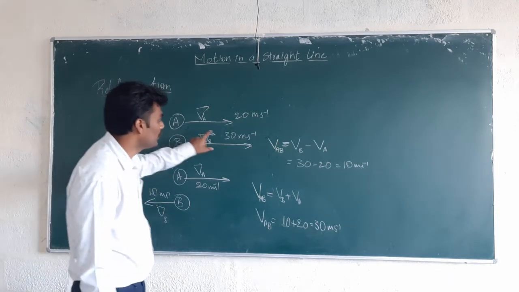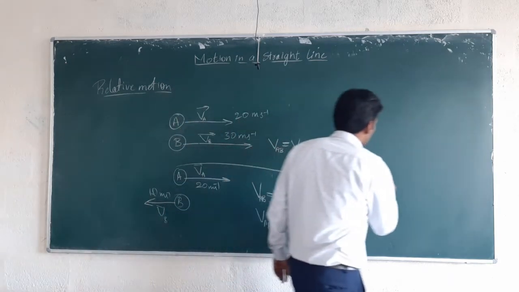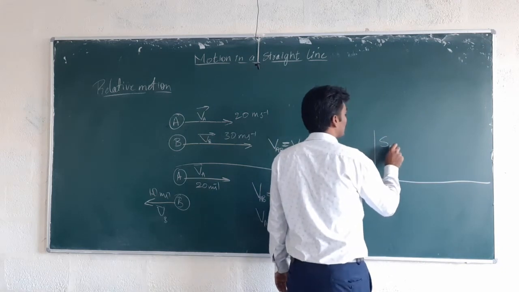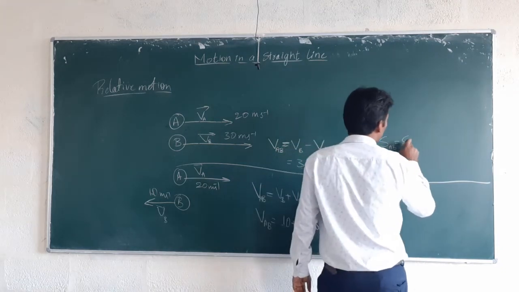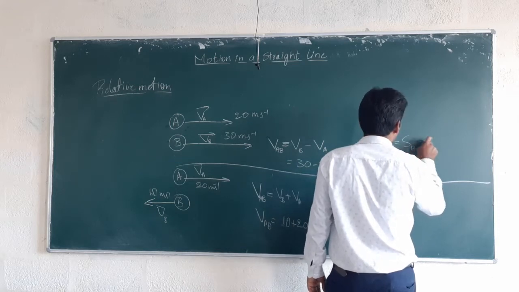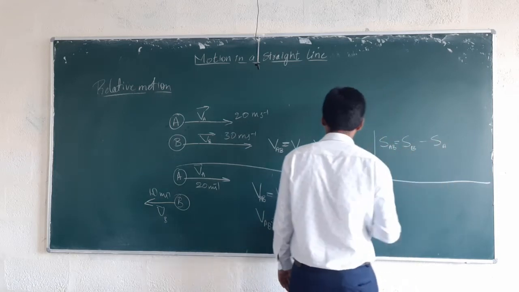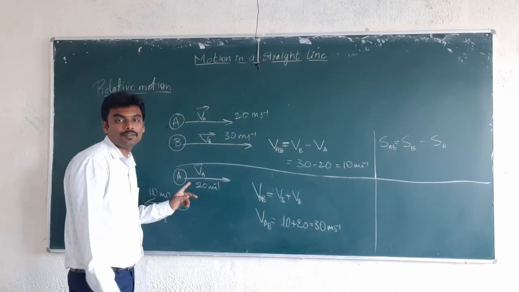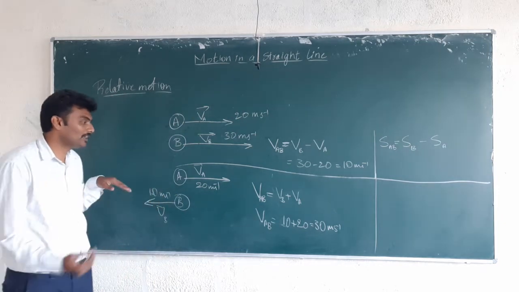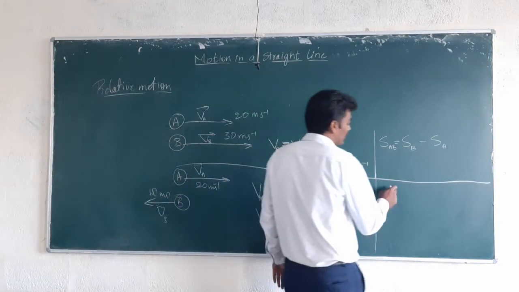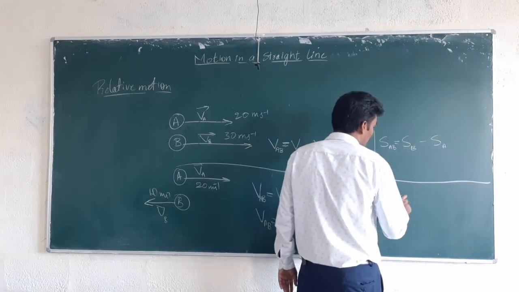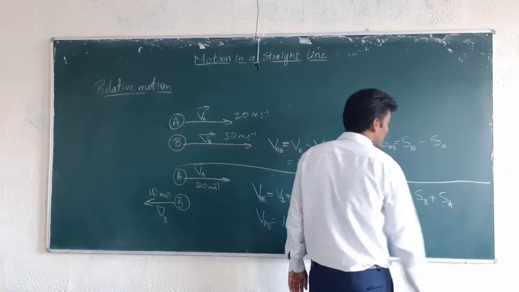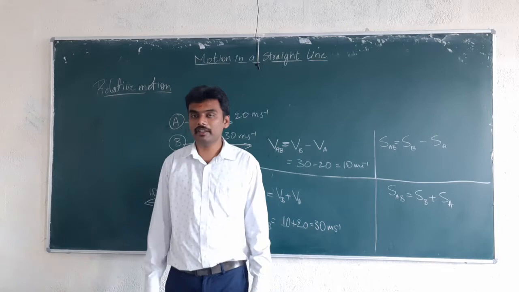So if two bodies are moving in the same direction, not only the velocity, even the relative displacement will be displacement of body B minus displacement of body A. And when the two bodies are moving in the opposite direction, relative displacement will be displacement of body B plus displacement of body A. Okay, clear with this?